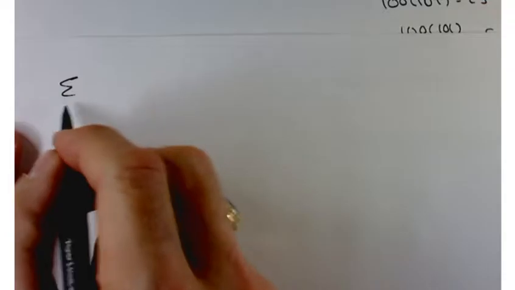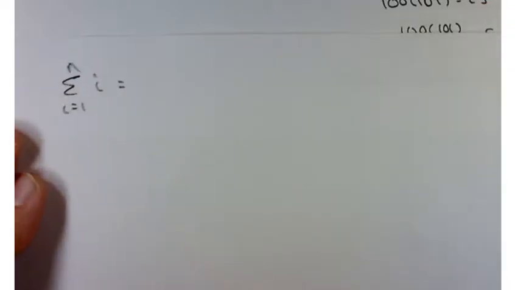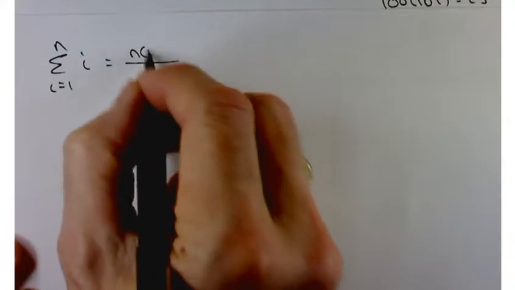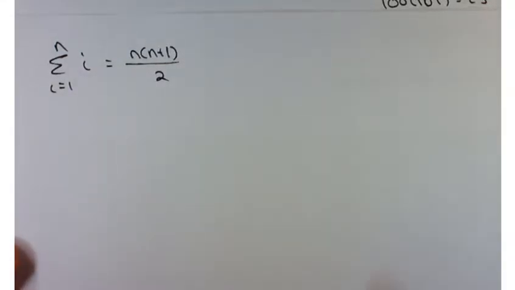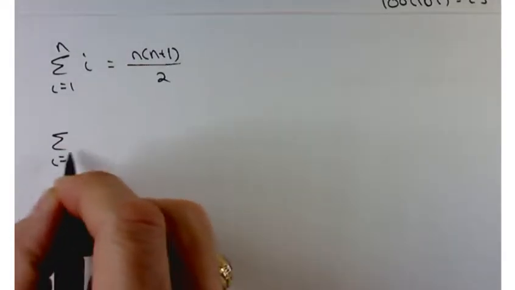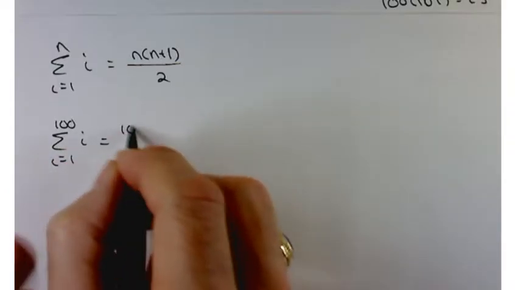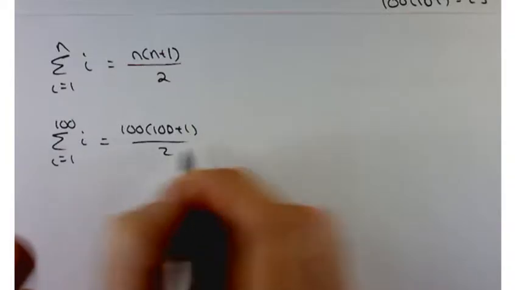The sum from i equals 1 to n of i, basically the sum of the first n numbers, is going to be n times n plus 1 over 2. So if you apply that to Gauss's problem, the sum from i equals 1 to 100 of i would be 100 times 100 plus 1 divided by 2. And that's your 5,050.